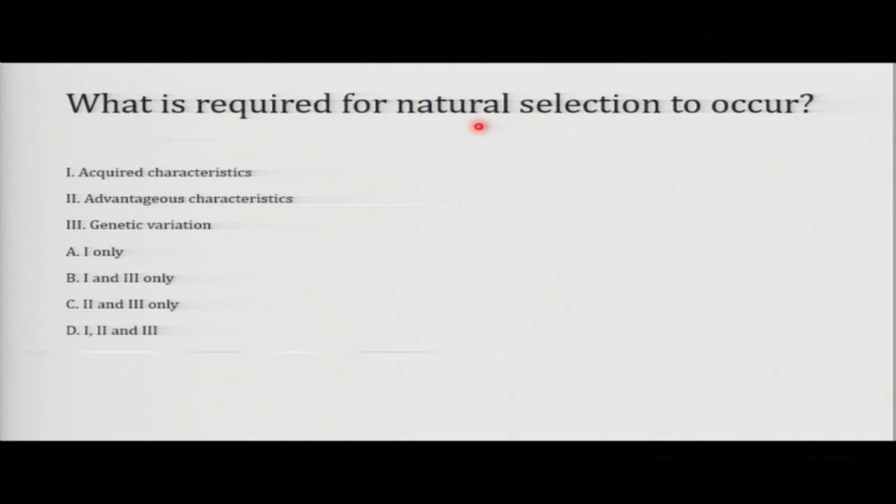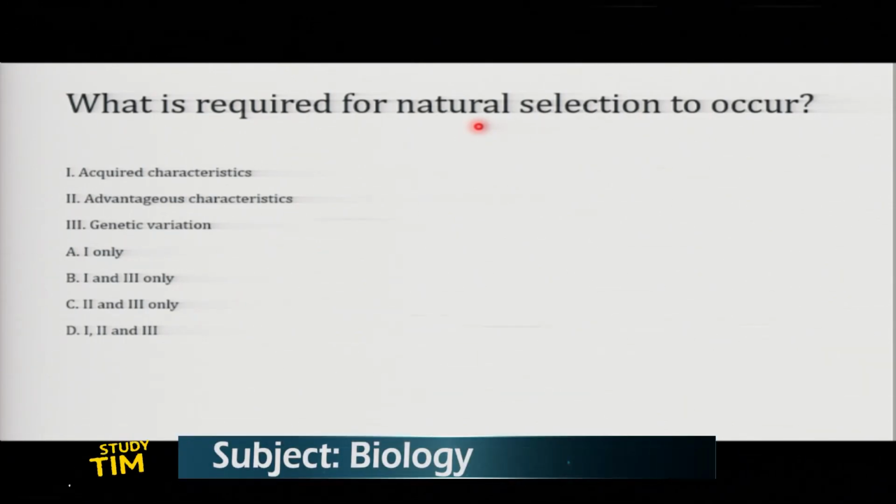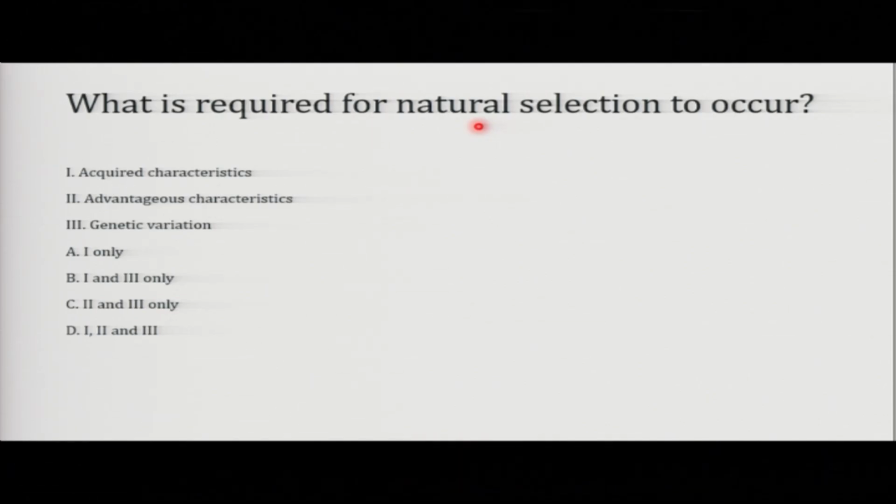And then you have A, B, C, D, done in a way of combinations and structuring and additions and omissions of the 3 statements. Now here the question asks for your attention, it asks for your caution, and asks for how conversant you are with the topic. So we must know the ingredients of natural selection.